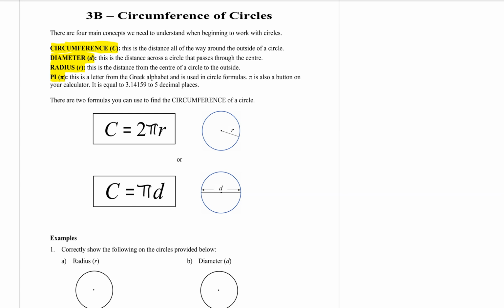It is used in all formulas that involve circles. There is a pi button on your calculator, but it is approximately equal to 3.14159. Pi is actually an infinite decimal that continues on and on forever without any repeating pattern.